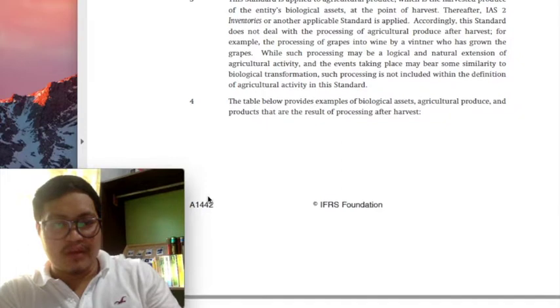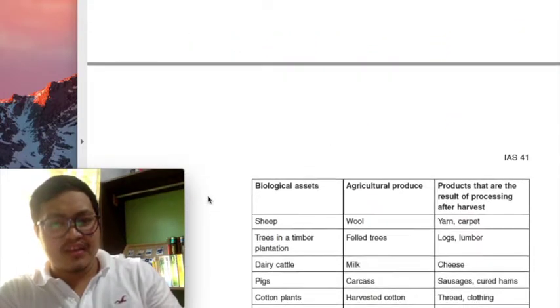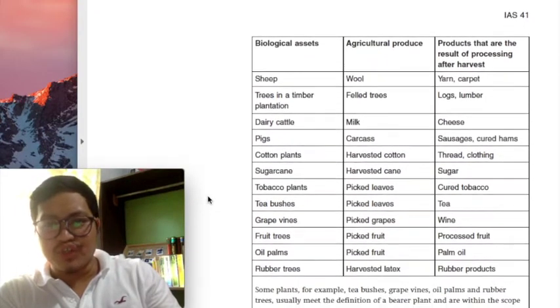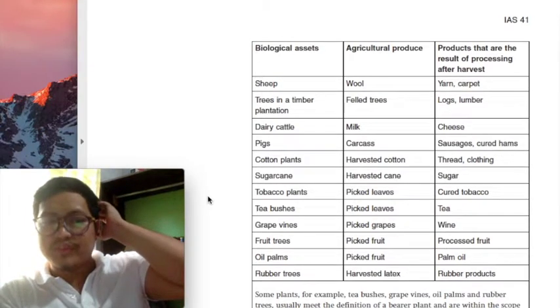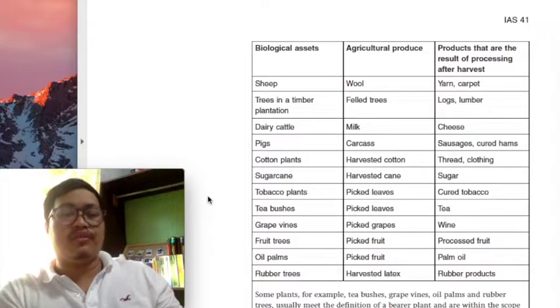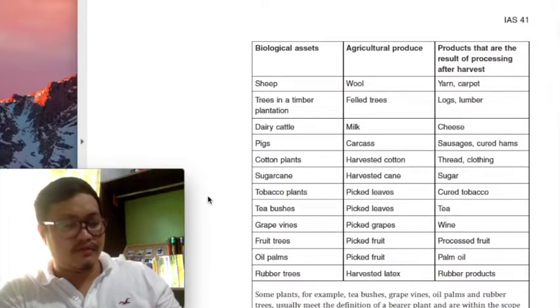Now, moving on to paragraph 4, class. Again, I'm not a fan of these kinds of questions, class, but these kinds of questions come out not just in our school but even from authors that have been around for more than 10 or 15 years.